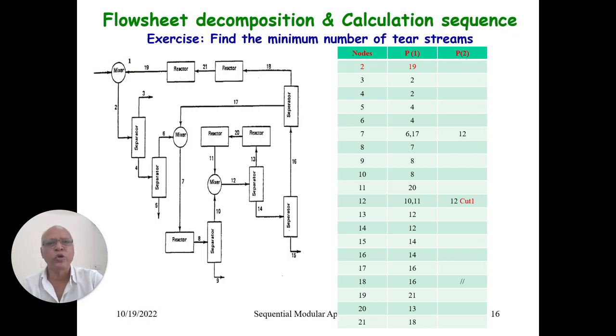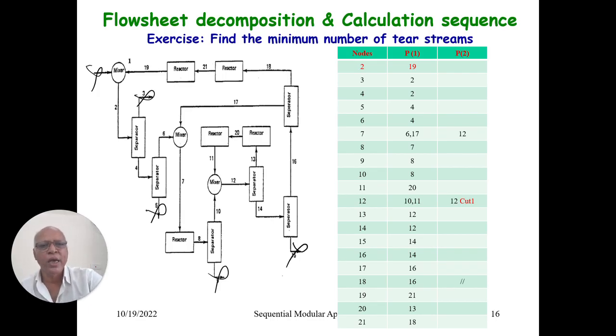So this is the flow sheet. Try to write the precursors for every intermediate stream. You don't have to worry about these output streams because they cannot be tear streams. For all the other intermediate streams, you can write the precursors.